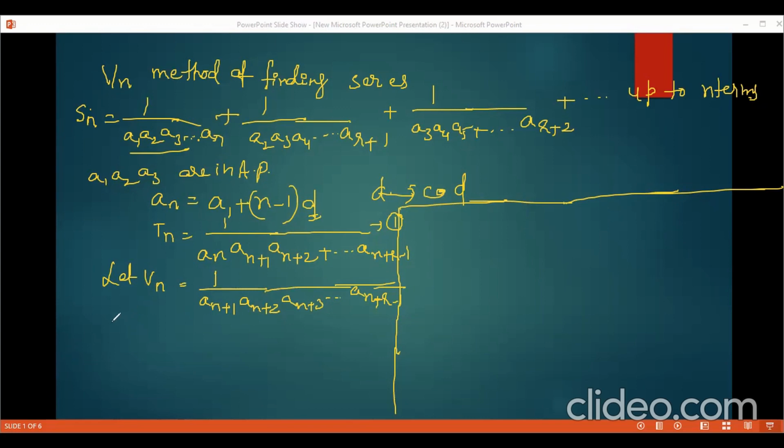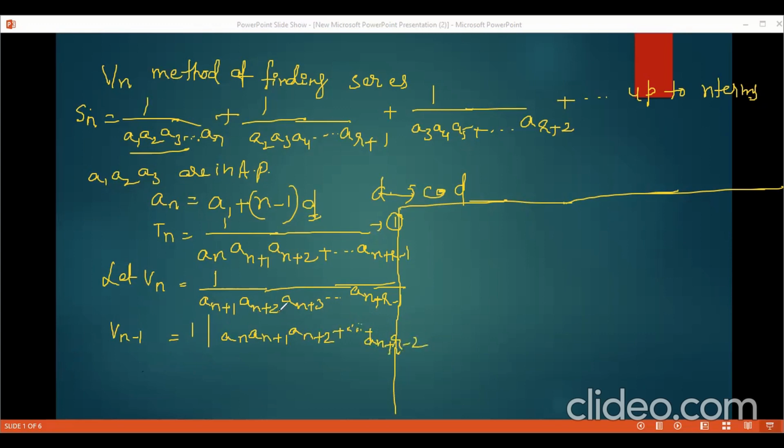Now, what about Vn minus 1? We can easily write Vn minus 1: 1 upon An, An plus 1, An plus 2, plus so on, An plus r minus 2.